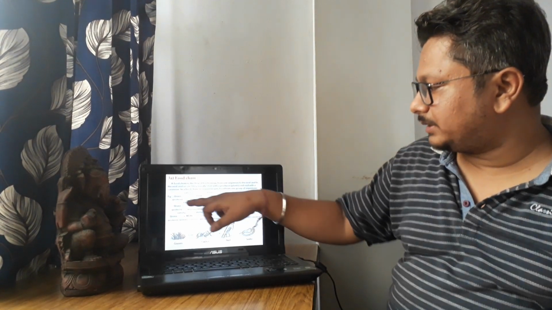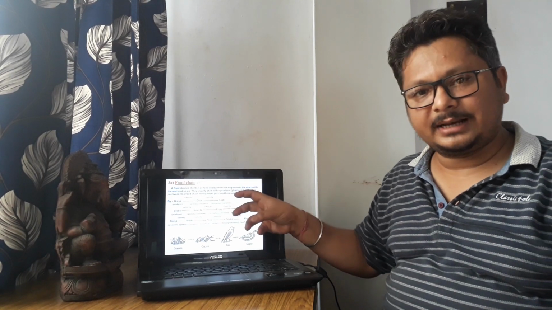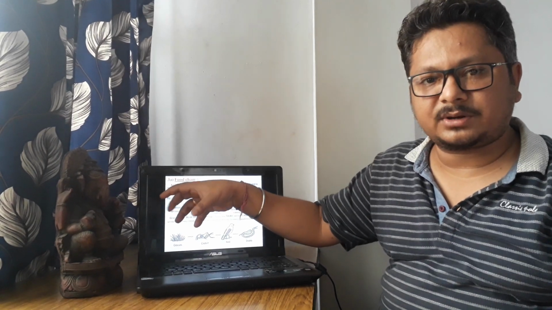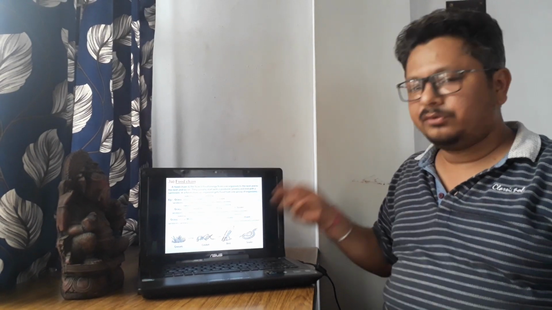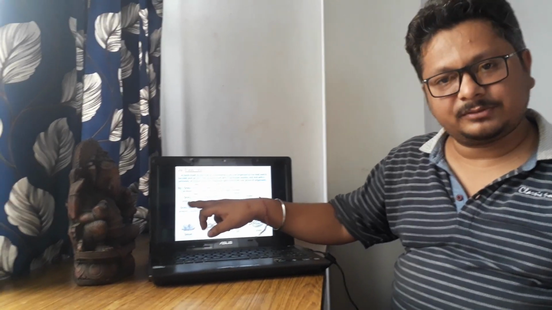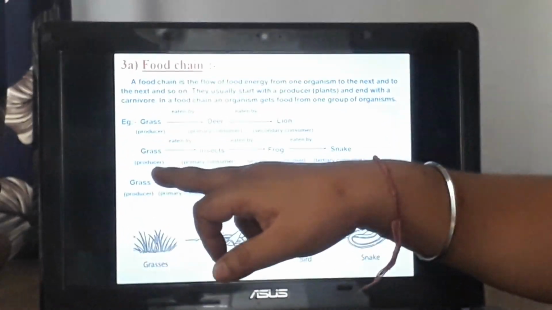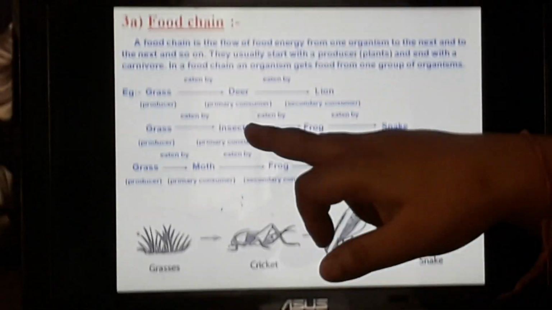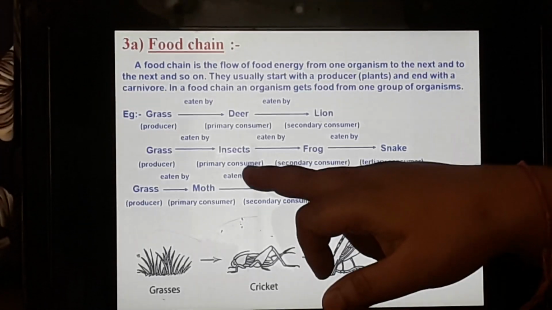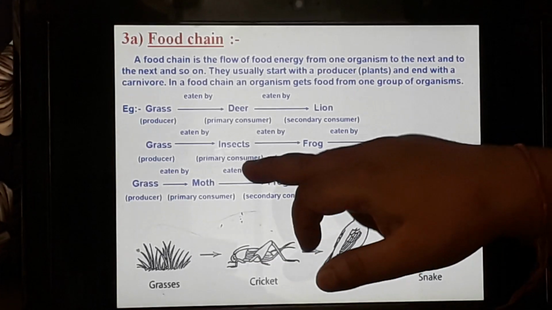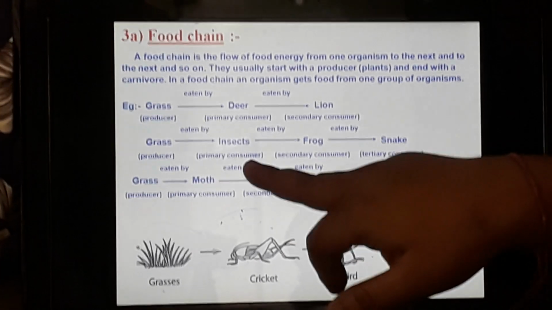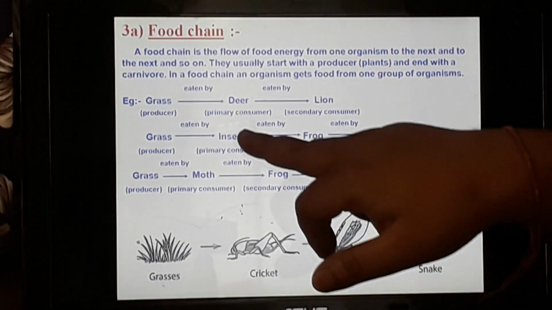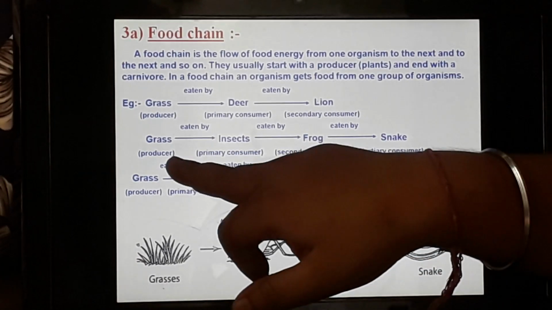So in a food chain, you can see one organism gets food from the previous organism, and finally the food chain grows. In the second example, if you see, you can see the grass is the producer. It is eaten by a primary consumer, which is the insect. You can see here, this example is a bit different. Here the primary consumer is an insect because it feeds on the grass directly.